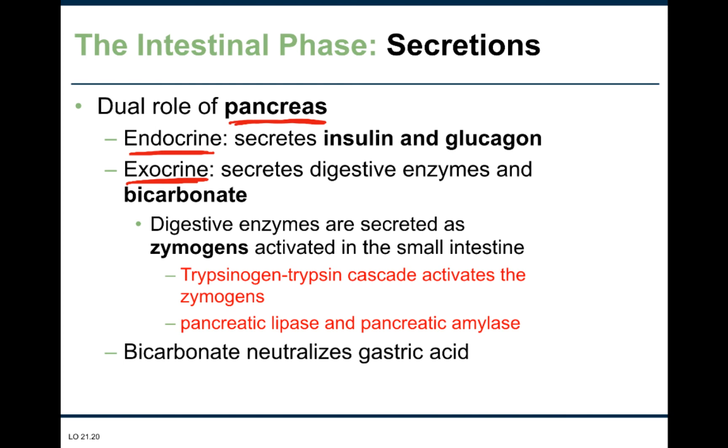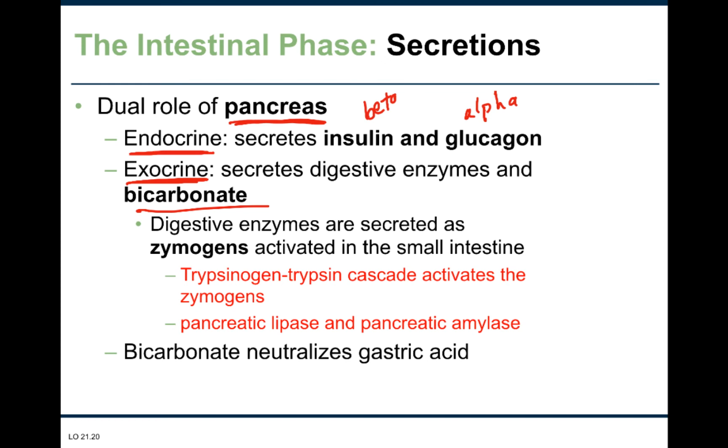Okay, so insulin is released by beta cells, glucagon released by the alpha cells, but those are hormones. They go into the bloodstream, so that's why it's an endocrine secretion. However, the pancreas also releases a lot of digestive enzymes, and because of that, it has exocrine functions. Okay, it's more than just bicarbonate, but we'll go into that.